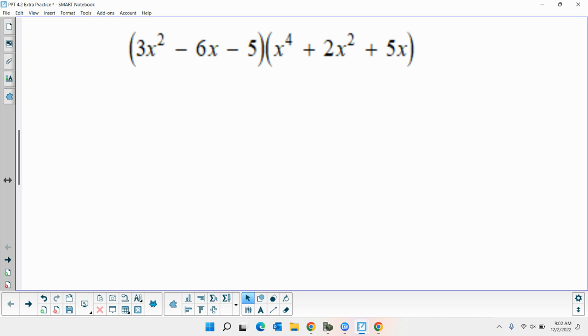And then add the exponents for the X's. This is all 3 of these. That is all 3.